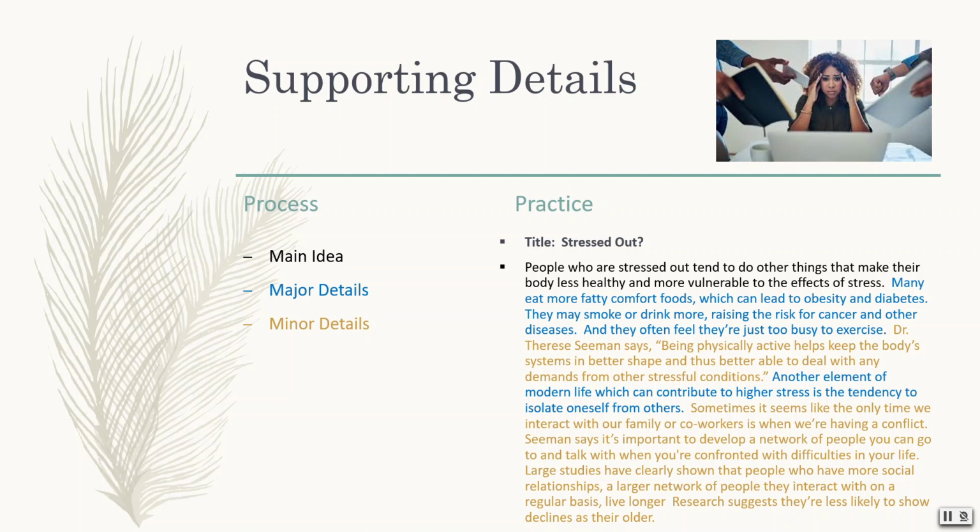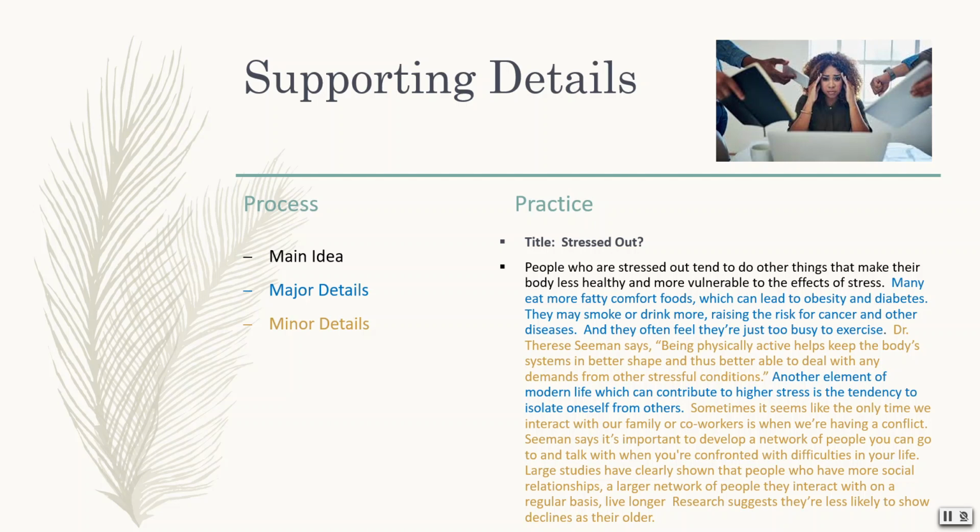After that, I notice in the next sentence, the author uses the word another. That's sort of a clue that maybe this is another major detail, because I notice it says another element of modern life which contribute to higher stress is the tendency to isolate oneself. So that's completely different from the other three ideas of eating bad, of drinking or smoking, of not exercising.